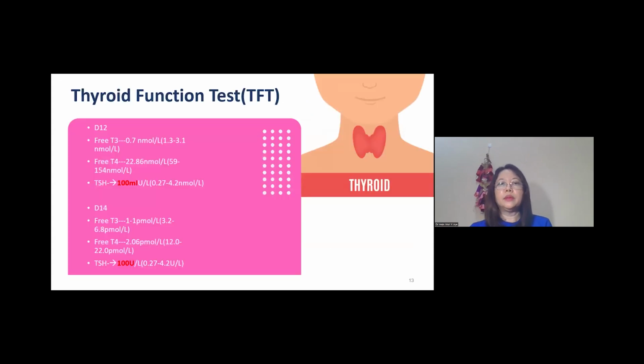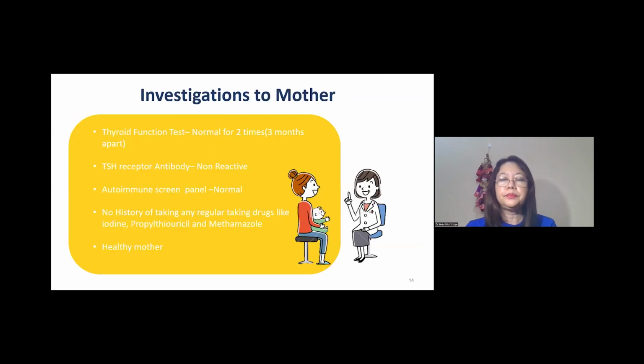So we suspected congenital hypothyroidism and did a thyroid function test at day 12 of age. Free T3 and free T4 were low with TSH high, 100 milliunits per liter, which is very high for this infant's age. We counter-checked on day 14 of age and the result was more or less the same as on day 12.